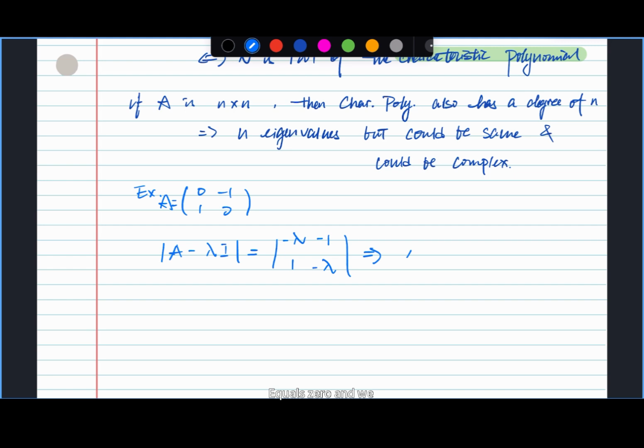So in this case, I would need to solve lambda squared plus 1 equals 0. We will end up with lambda squared equals negative 1, so lambda equals i, or lambda equals negative i.